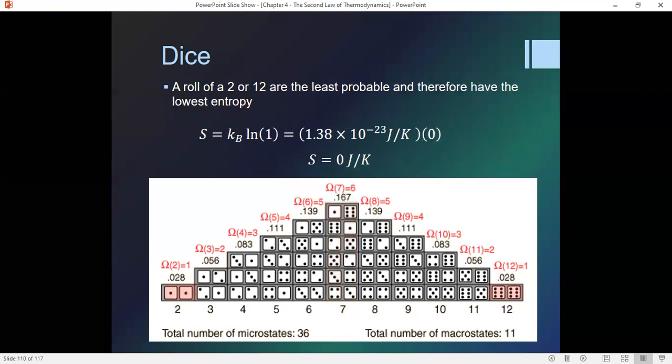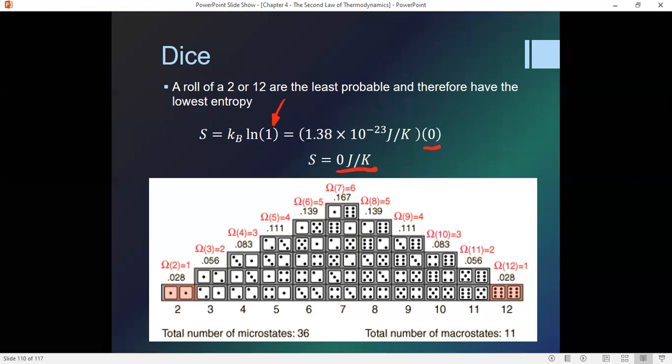Now let's do the entropy for rolling a 2. Well, that's easy. The natural log, in natural log S, what power of e do we have? Well, anything to the 0 is 1, so the natural log of 1 is 0. The entropy for coming up with a 2 is 0.